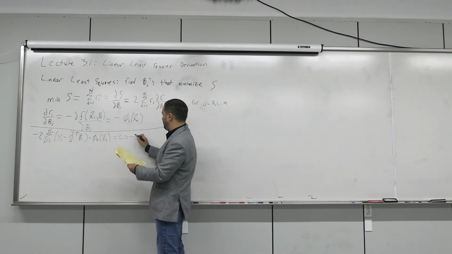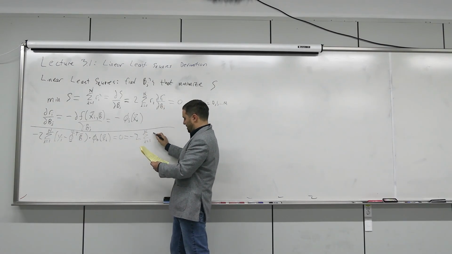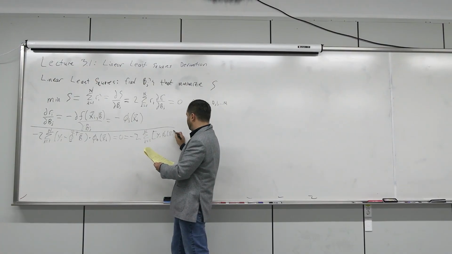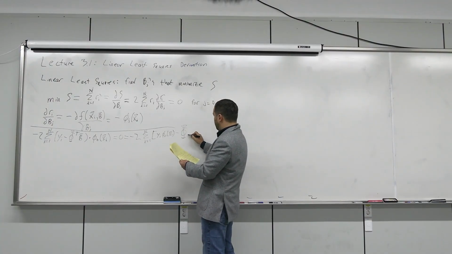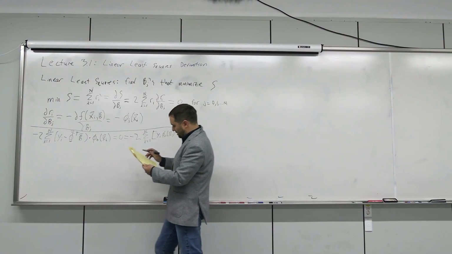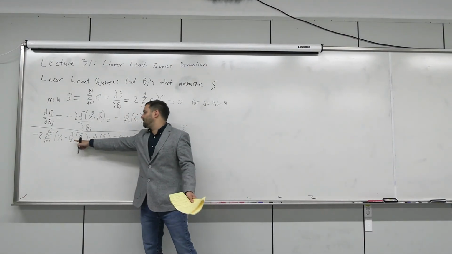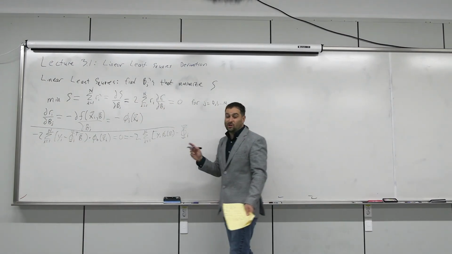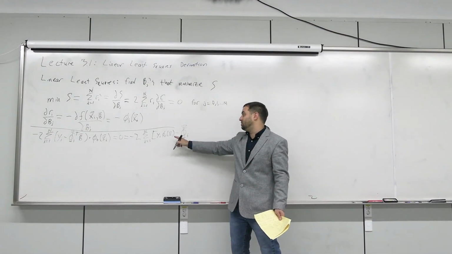Which equals, so I'm going to expand this out, -2 times the summation of i equals 1 to n of, I'm going to do this in brackets, y_i times phi naught evaluated at x_i minus, remember our vector phi has the regression functions phi naught to phi m evaluated at input x_i.